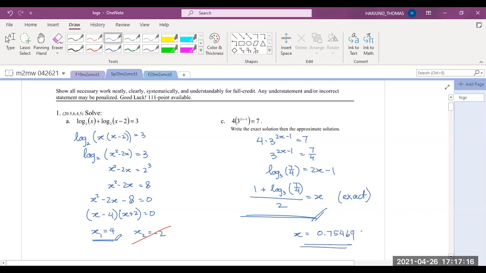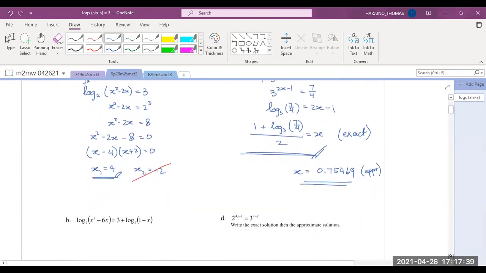That's the approximate solution. Now this is if I use base 3 though. Some people just go ahead with the natural log or log base 10. You will get the same result.